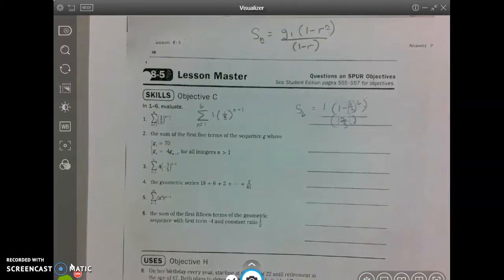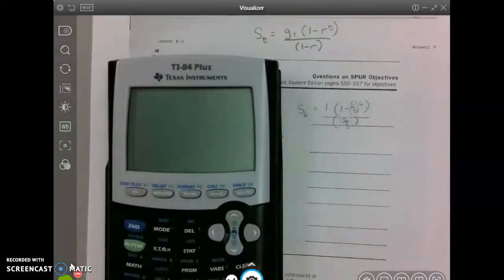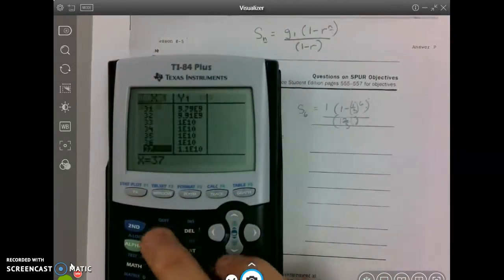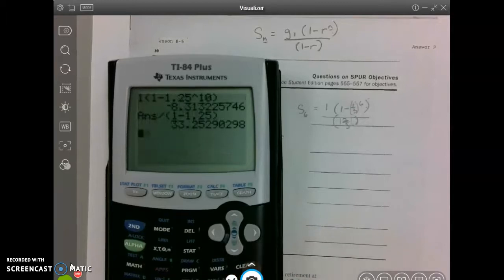And we're going to bring out our calculator. 1, and then in parentheses, 1 minus, don't forget to put that 1/3 in parentheses to the 6th power. And then when I divide by 2/3, I have to remember to put my 2/3 in parentheses.